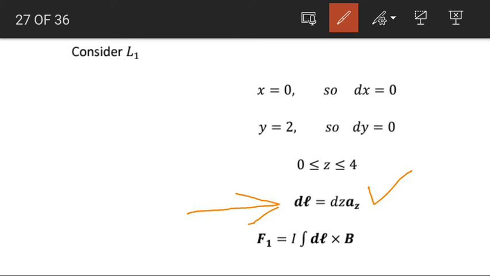And we calculate the force on this side with the help of this particular equation. F1, which is the force on side L1, will be equal to I times the integration of dl cross B. Let us put the values in this equation.